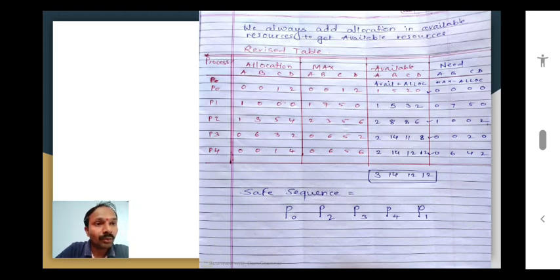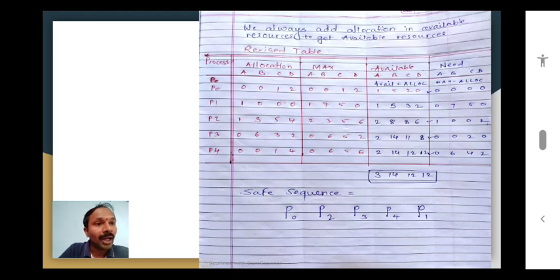So if I am adding 1532 with 1354, what answer am I getting? It is 2, 8, 8 and 6, right? So that is what I have written over there. 2886 can be compared with 0020. So 0020 is less than 2886, right? So this need can be fulfilled. So P3 I am taking into the safe sequence.